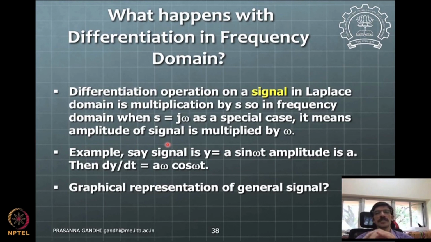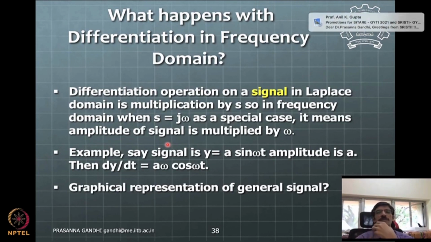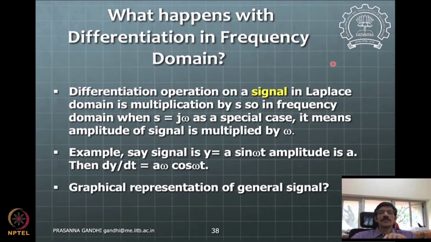Now if you replace this s by j omega, remember that s equal to j omega is what we use for getting a Bode plot of a system, or the frequency domain response of a system. When s is equal to j omega, differentiation is simply multiplication by j omega of the original F of j omega.